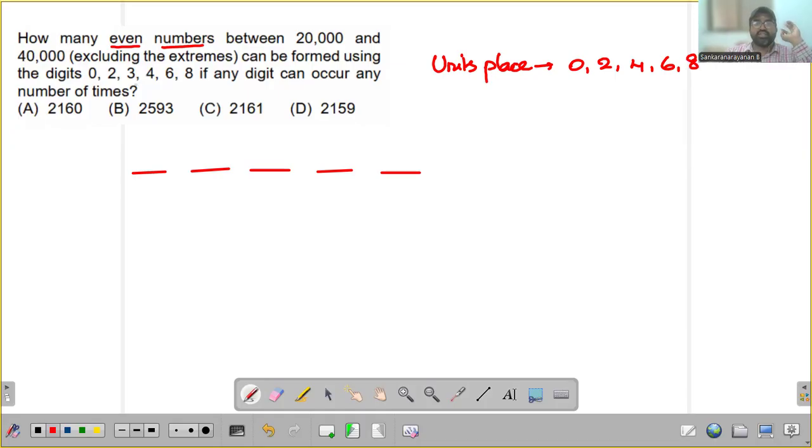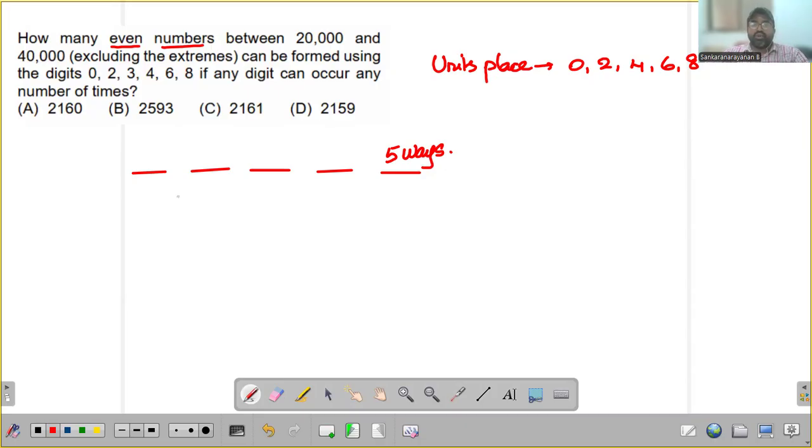You can see that as far as the given set is concerned, all these digits, 0, 2, 4, 6, 8, are available here, right? So the units position, please be aware, you can fill it in 5 ways. Got it? So that is taken care of.